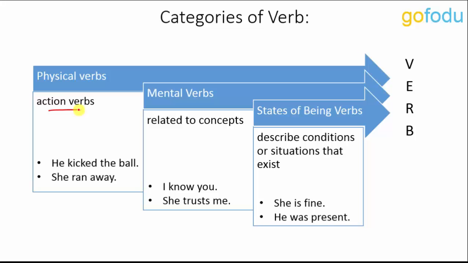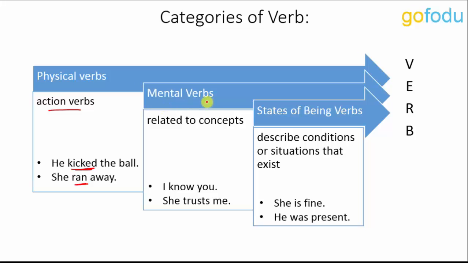That's an action verb. For example, he kicked the ball. Over here the word kicked is a physical action. So that is an action verb, that's a physical verb. She ran away. Running is a physical exercise. So that is a physical verb.